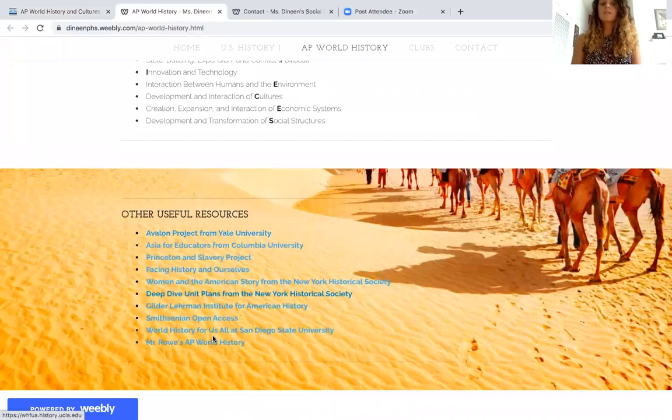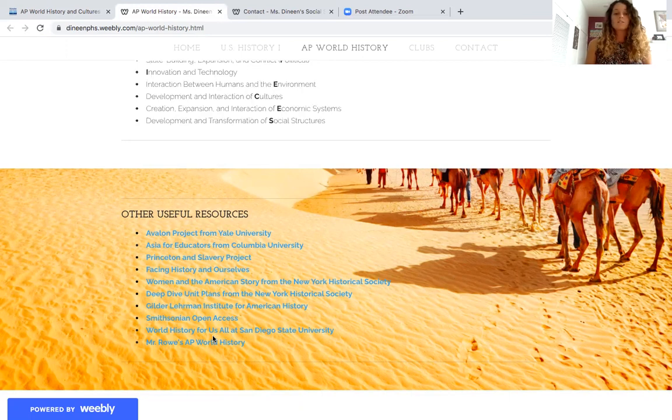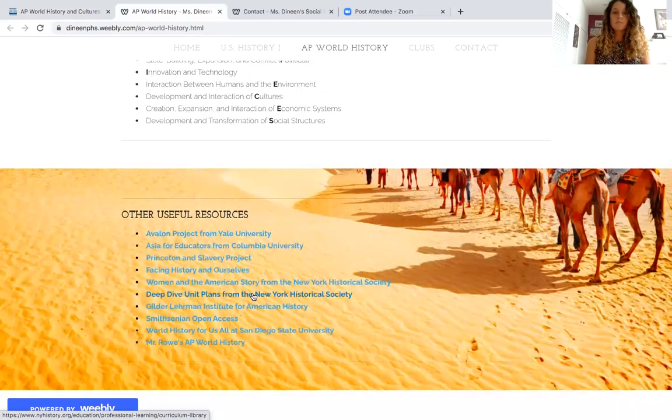But I've also linked resources, many of which I use to access primary and secondary sources that I use to create course materials. So if students want to begin their research with primary sources, these are some of the places that I've had a lot of success finding them.